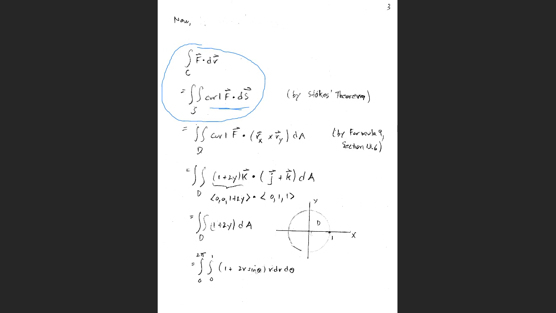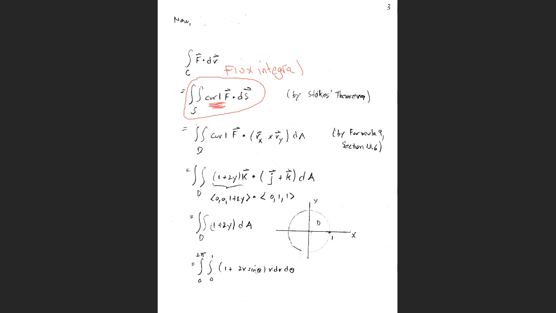This here is the flux integral, but the vector is the curl of the vector field.